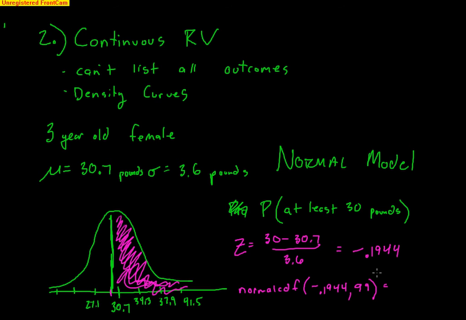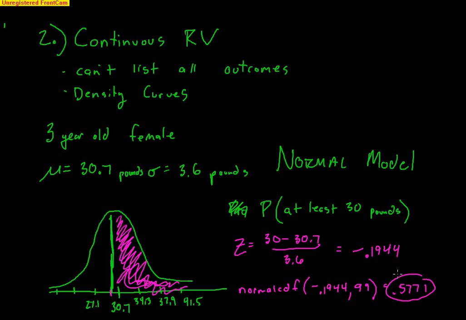So I do negative 0.1944, comma 99, and I get 0.5771, which means that 57.71% of 3-year-old females weigh 30 pounds or more.